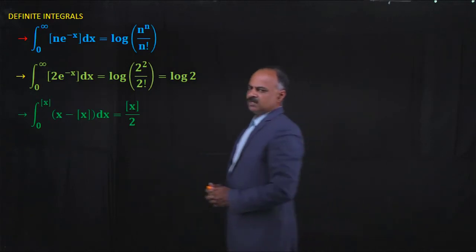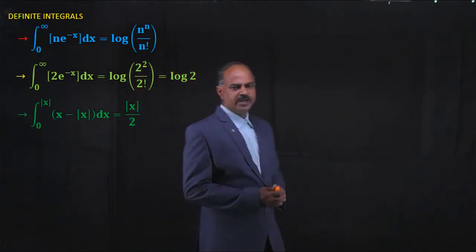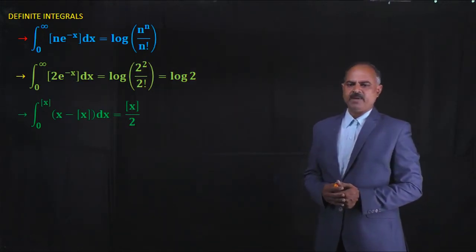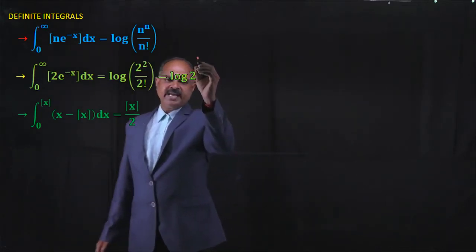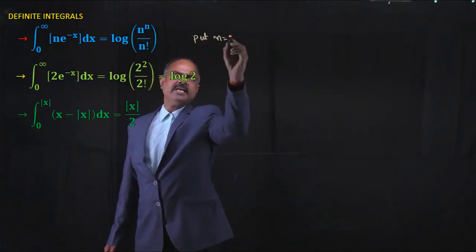Next formula: integral 0 to infinity of floor of n into e power minus x dx equals log of n power n by n factorial. In this formula, put n equal to 2.